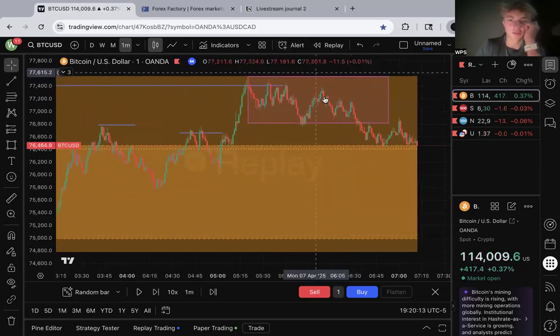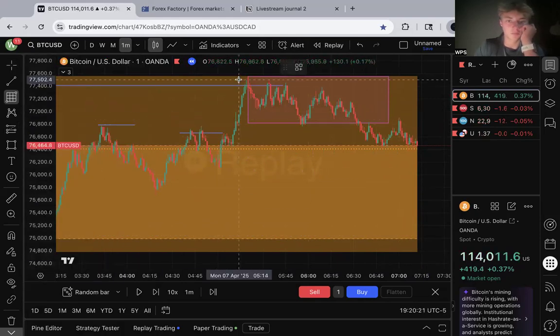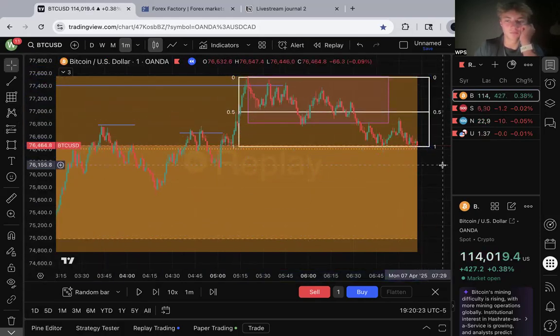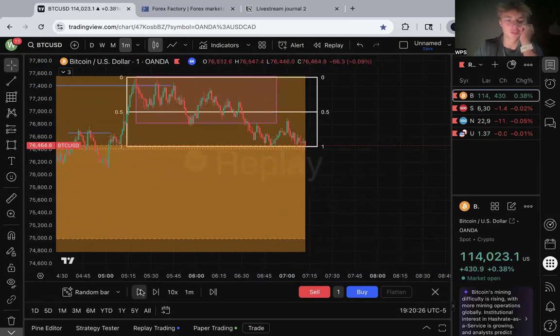Okay, so we sort of slowly trend out of it and then we wick back in. No equilibrium really prevalent. That's the problem. So I'll wait for that and then a break of structure out.